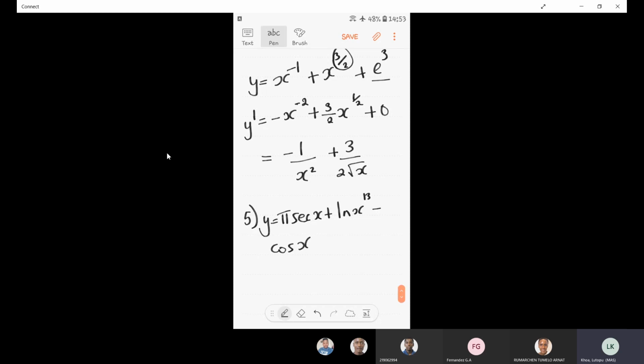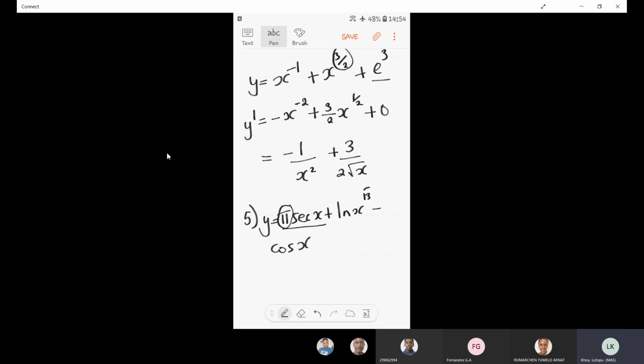Okay, so here, if I look at the first term here, pi sec x, I go to my table, sec x is d10, the derivative of sec x is sec x tan x, and then I will multiply it with that pi. So when I have a constant multiplying a function, the derivative is just that constant multiplied by the derivative of the function.